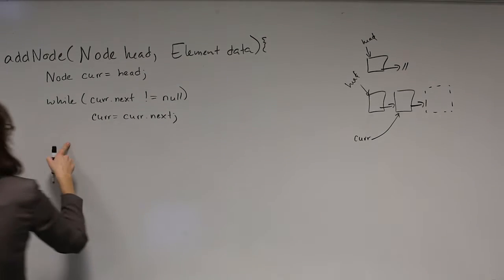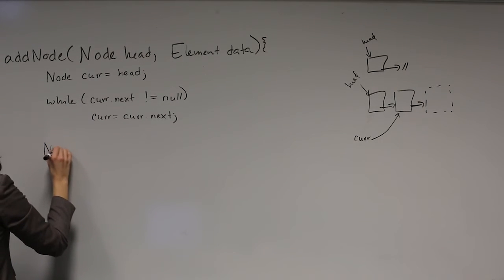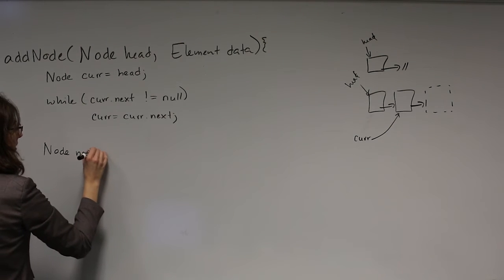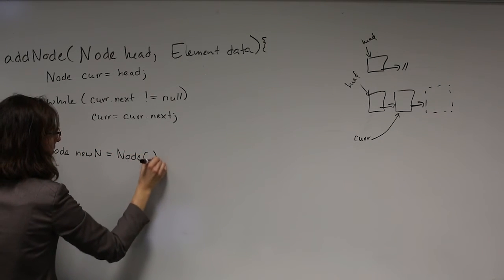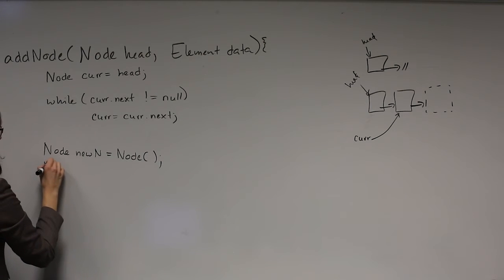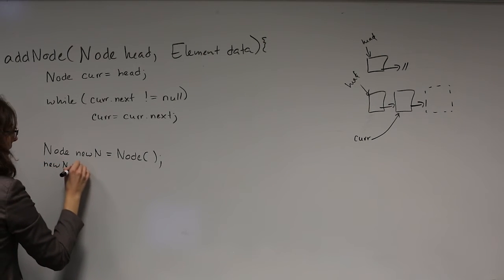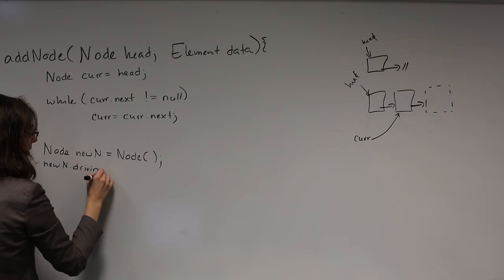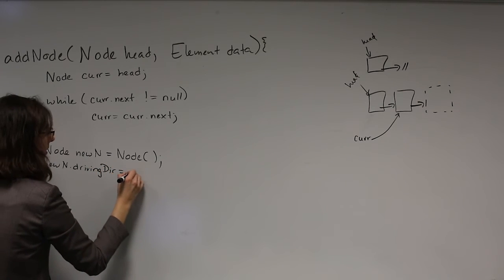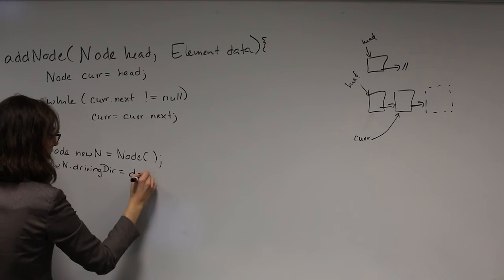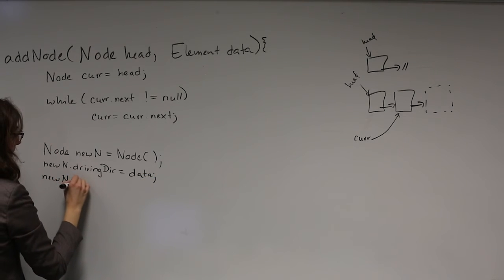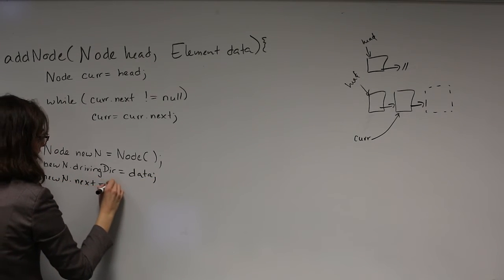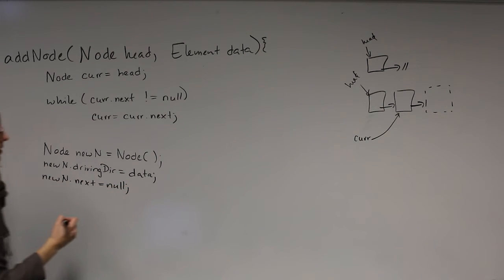Once I'm here, I know where to place the new node, so I can create it like before. Make sure that its next points to null.